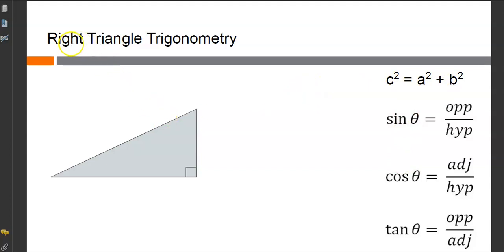Now, this is a right triangle, so the right talks about this little rectangle right there. Anytime you see that little corner, you know you've got yourself a right triangle. Here's the triangle, and I got a right angle in the corner, so that would be a right triangle. And these 4 tricks work for all right triangles, on the plane.